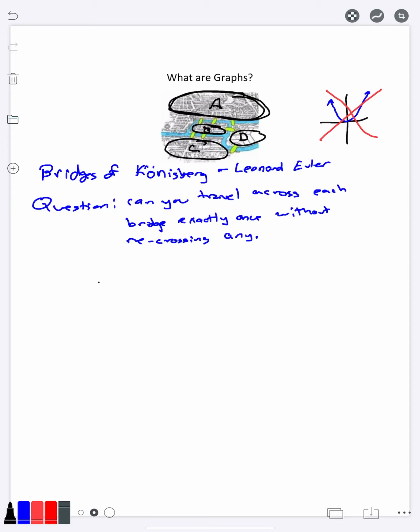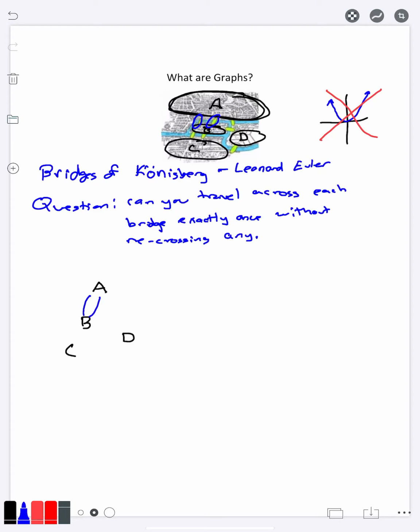And then what he did was he drew a little picture like the following here, where instead of actually drawing out the map and the shapes of the land, he just labeled the 4 places A, B, C, D, and then he drew things that connected them. So there's 2 different bridges that connect A and B here, so I'll go ahead and do that.